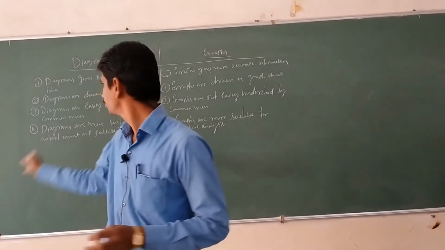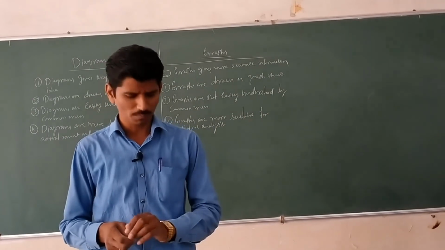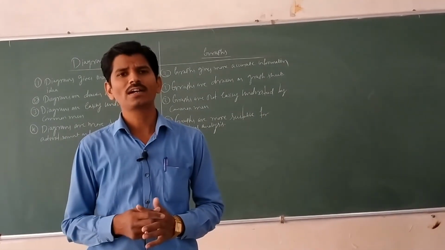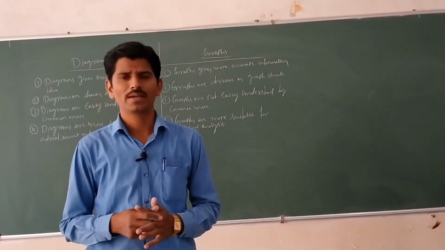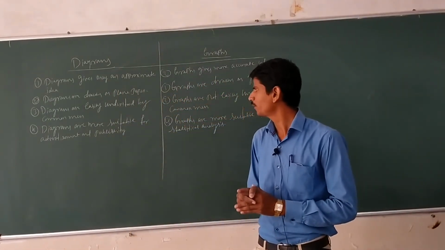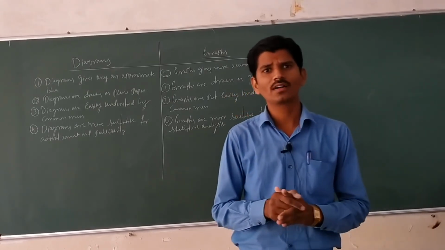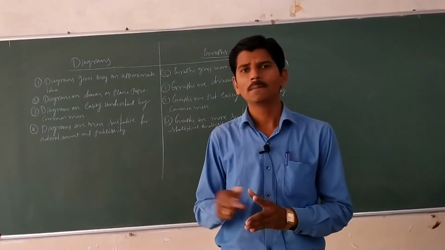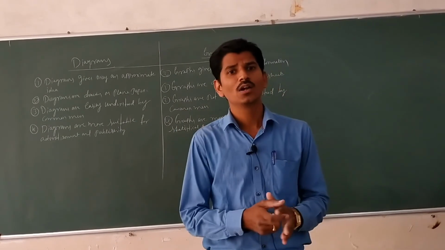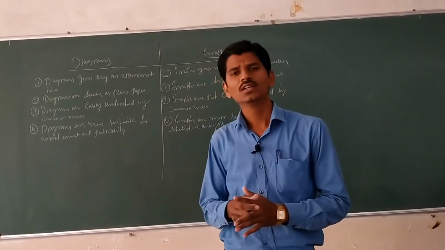Third, diagrams are easily understood by the common man, and graphs are not. Last, diagrams are more suitable for advertisement and publicity, but graphs are more suitable for statistical analysis.